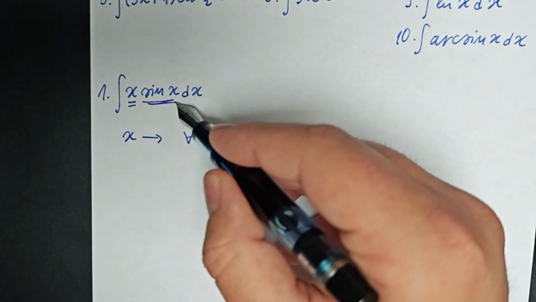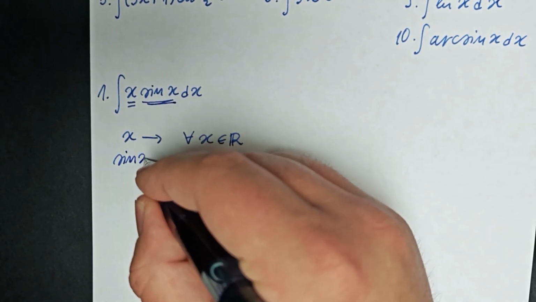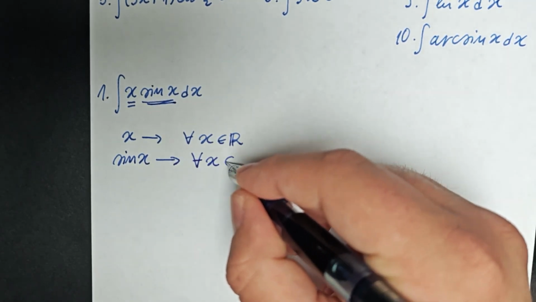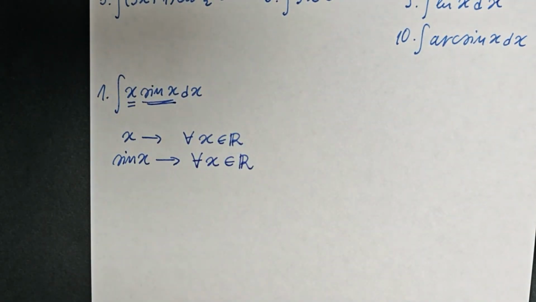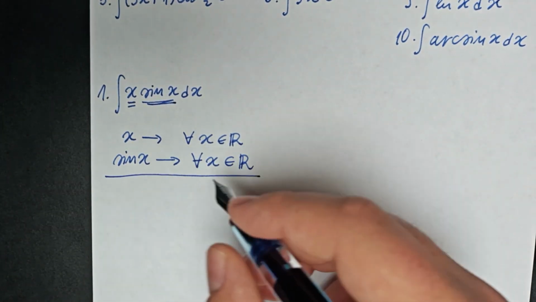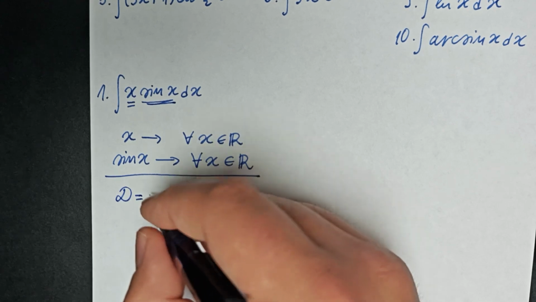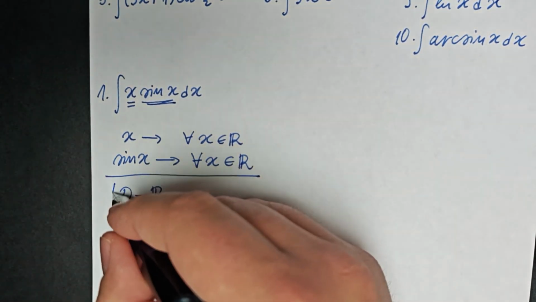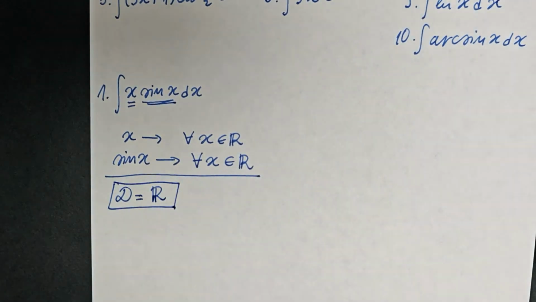The function sine of x is the one you have next. Sine of x function is also defined for all real numbers x. Well, that basically means that the area in which this integral is defined is the set of all real numbers. That is our area where the integral is defined.